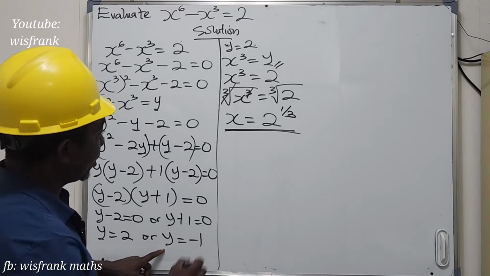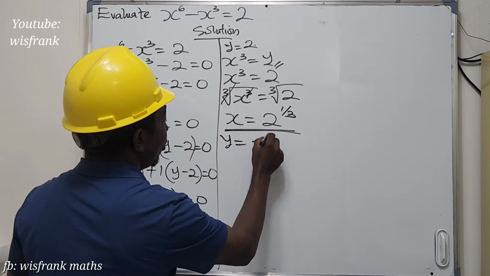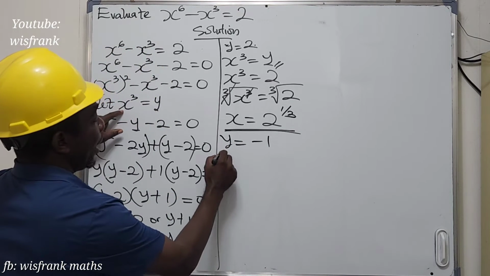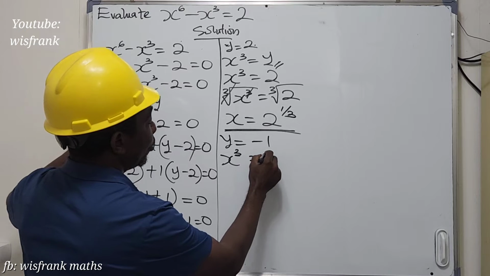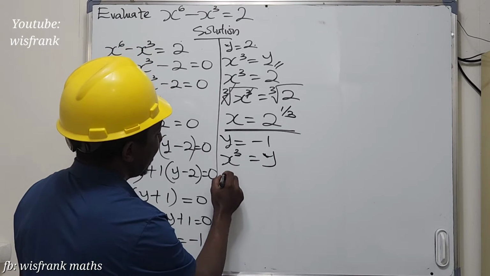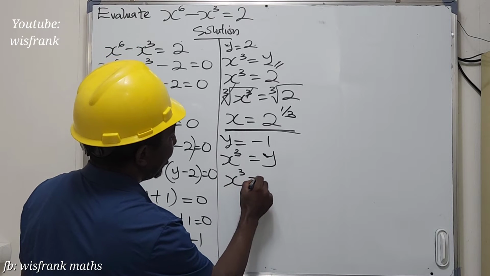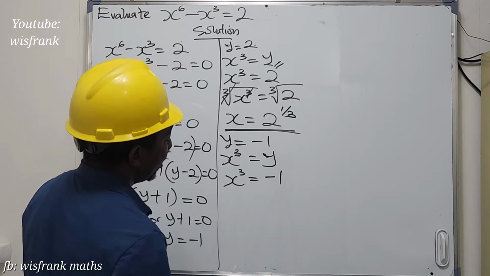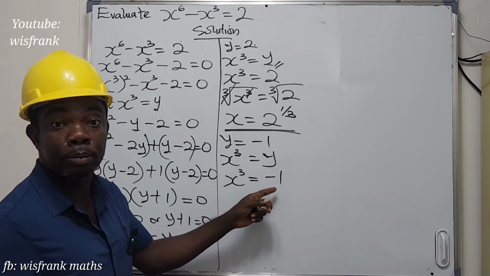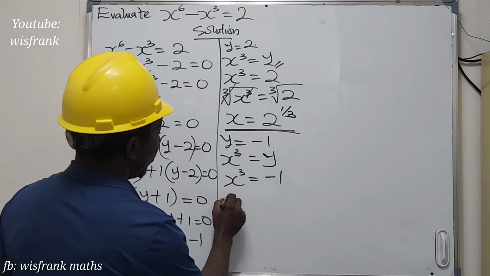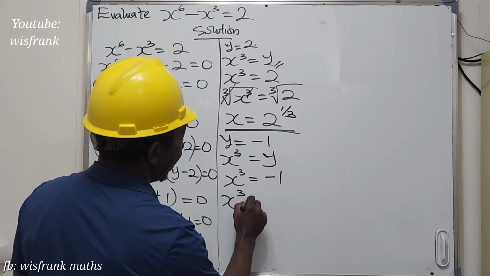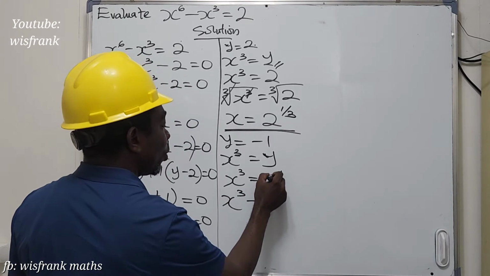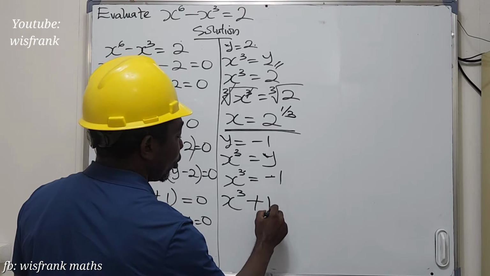Taking the second one, which is y equals minus 1, and we say that x to the power of 3 equals y. In this case, x to the power of 3 equals minus 1. So here, we can transpose minus 1 to the other side. We have x to the power of 3 plus 1 equals 0, when minus 1 transposes to the other side and becomes plus 1.